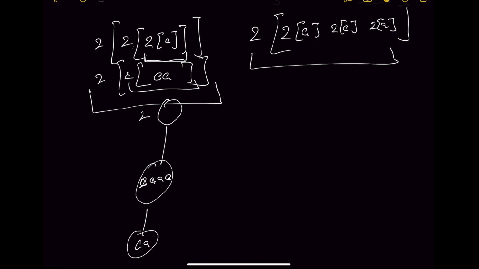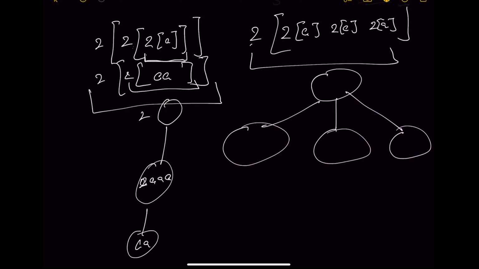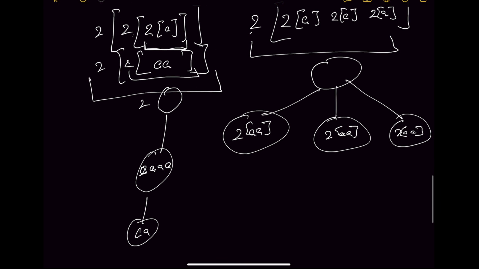We could also have one big root and then multiple branches, like 2AA, 2AA, 2AA. In both these cases, going depth first, going DFS, can help us solve our problem.